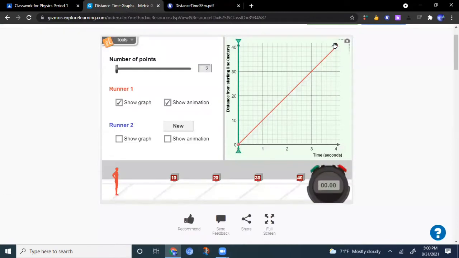So (4, 15) means at 4 seconds, the runner will end up at 15 meters. I'm going to drag the ending point down here, and we're going to press start. What you can see is the runner starts at 0 and ends at 15 meters in 4 seconds. The runner did not run as far, and clearly ran slower.